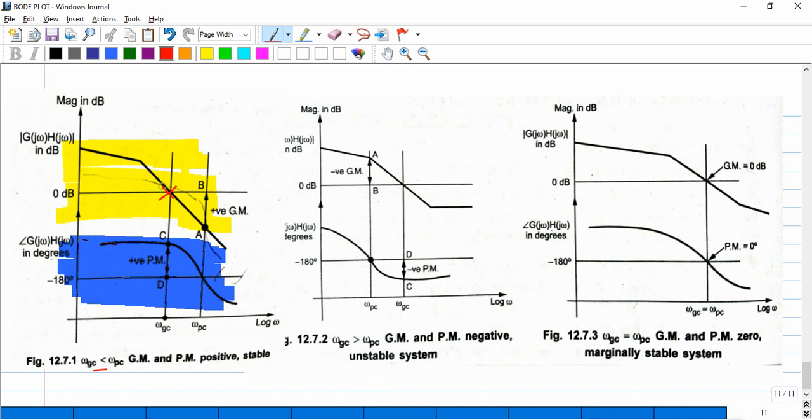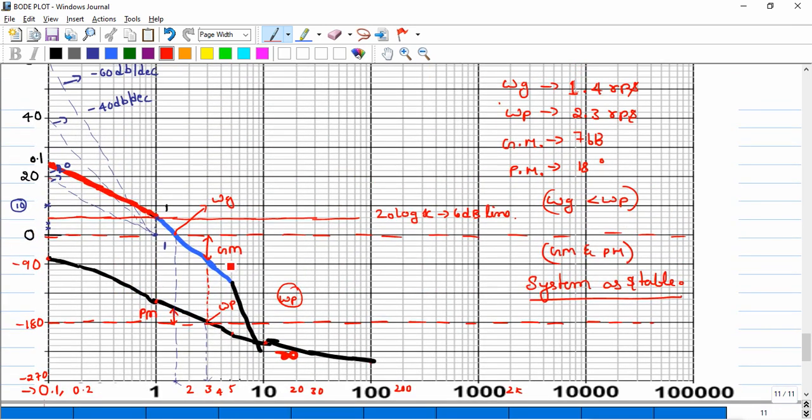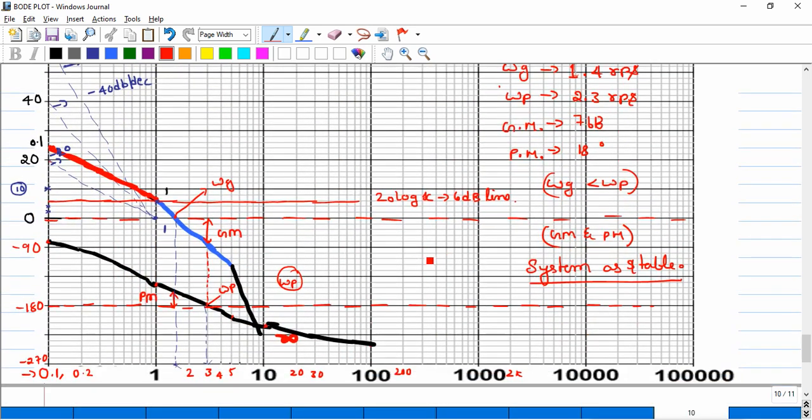See, this particular point is gain crossover, that is omega g, and this particular point is omega p. So the condition will satisfy omega g less than omega p, both gain margin and phase margins are positive, system is stable. So the same case has been identified here, okay. So try the same using a semi-log graph.